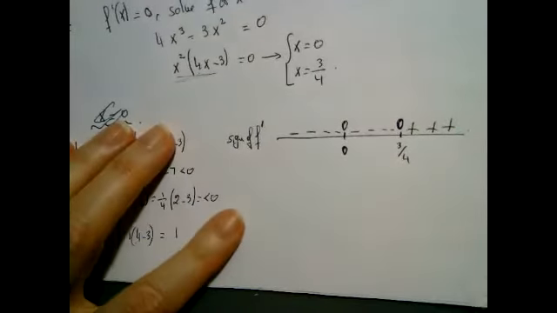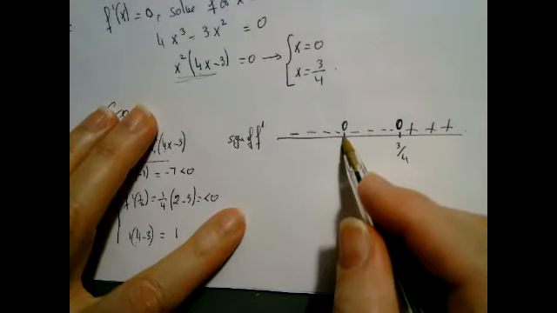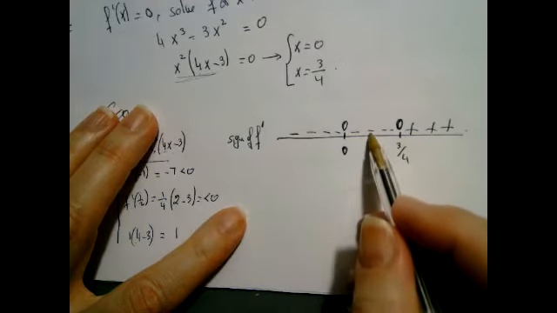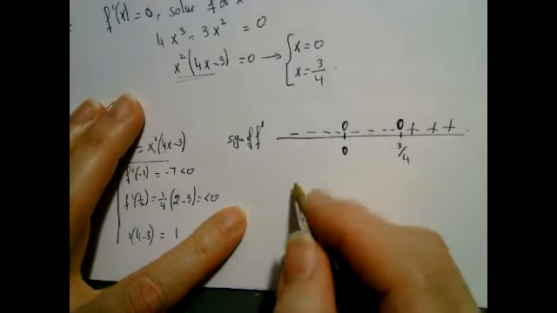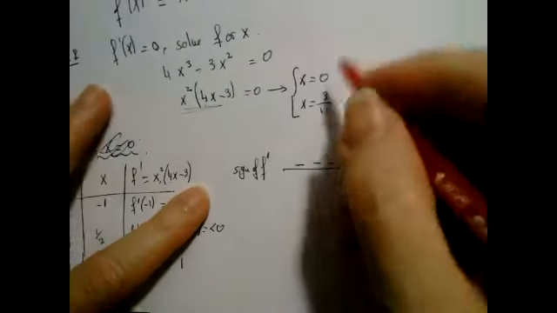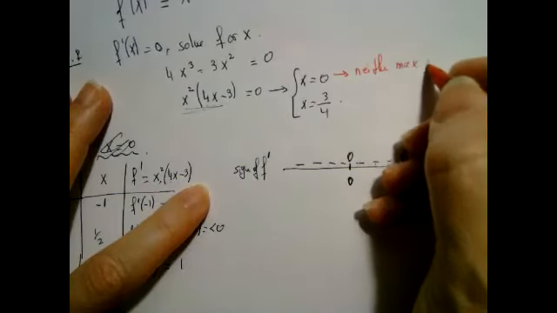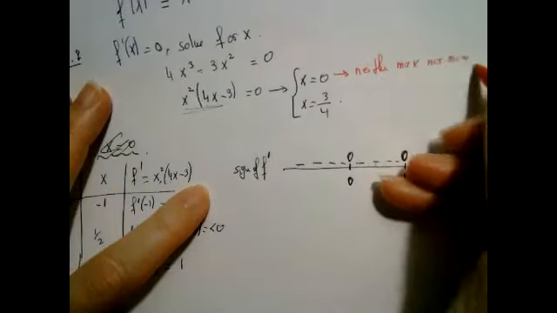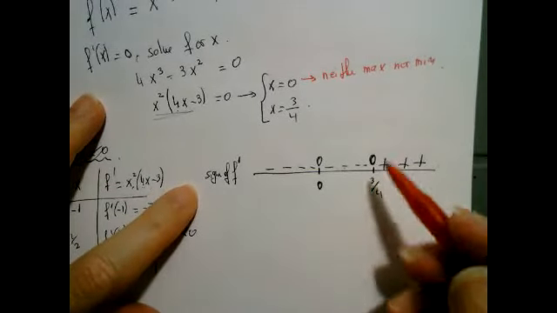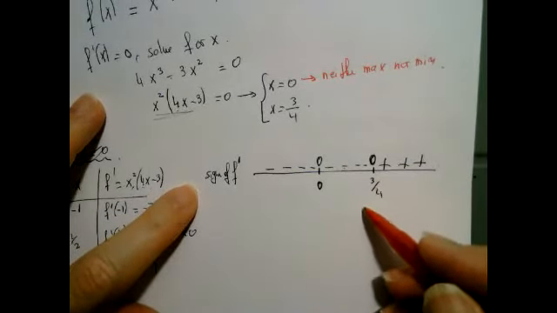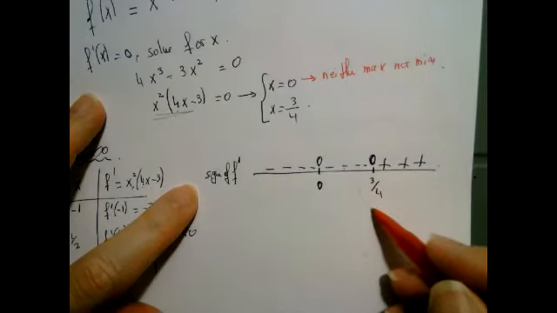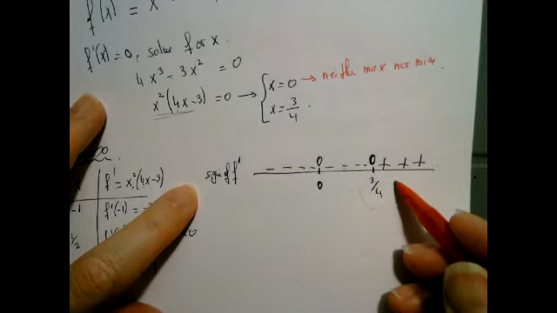Okay, so of course, at x equal to 0 there is no change in sign of the derivative, so it's neither a max nor a min right there. So x equal to 0, neither a max nor a min. At x equal to 3/4, the derivative goes from negative to positive, so the function is decreasing to the left, and then the function is increasing to the right.